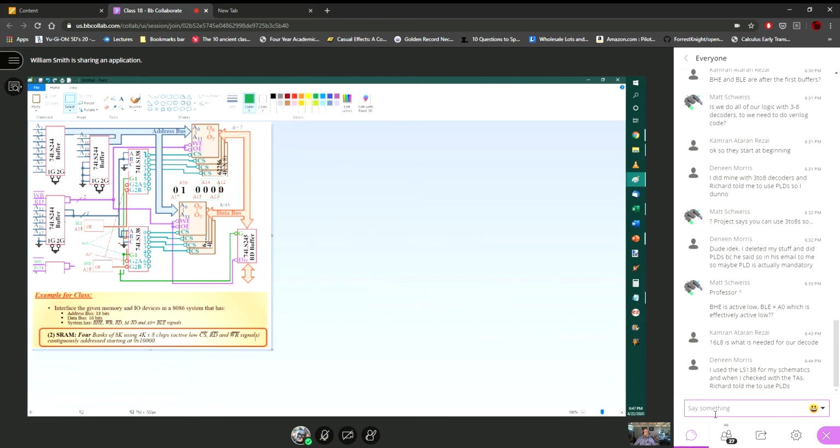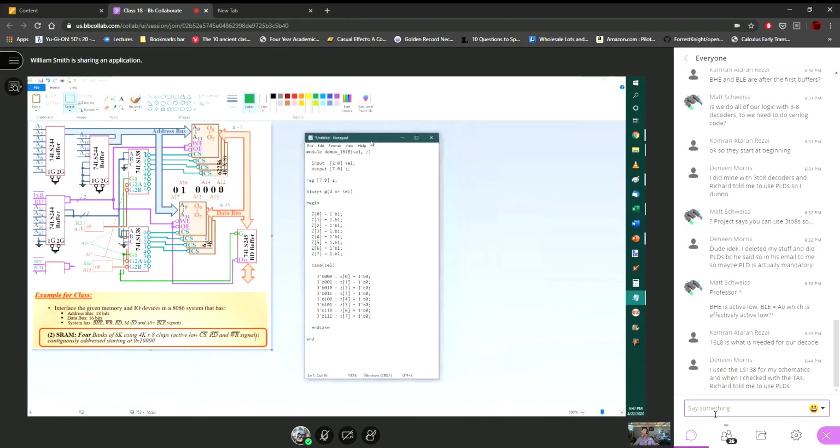I'll also then put up the Verilog demux code we put together. I'm not going to swear by this, but I think hopefully most of this will work pretty well for you guys. If somebody gets a chance to try the Verilog and it doesn't work, let me know and I'll try and fix it as quickly as I can.